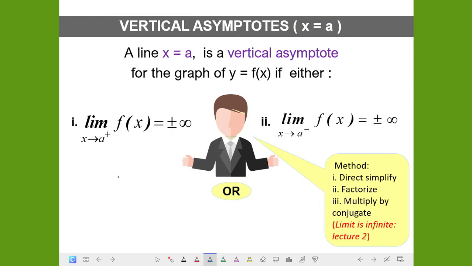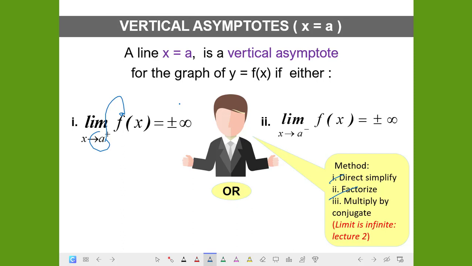And how do you find a vertical asymptote? The first step is direct substitution. When you get negative or positive infinity, it shows that this is a vertical asymptote. Or factorize. If you get infinity over infinity, this is an indeterminate form.